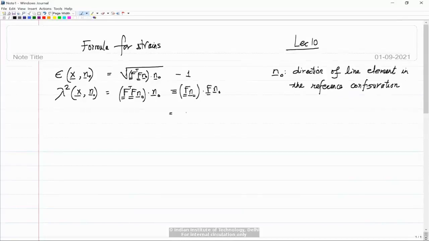Which you could also write as F n naught magnitude whole square. So lambda is simply magnitude of F n naught.